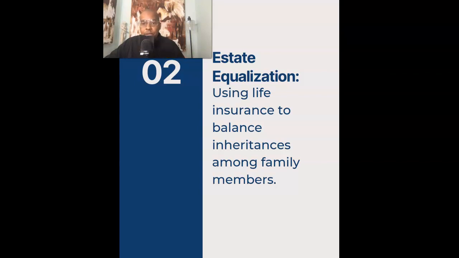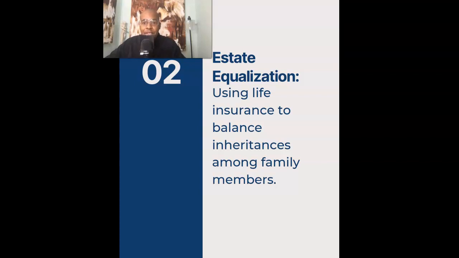Then what you would do is get the valuation of the business and have a life insurance policy that equals that amount for the business. It's not an exact science, because the business value might go up or down, but at least it's a start in the right direction, and it's somewhat equal.